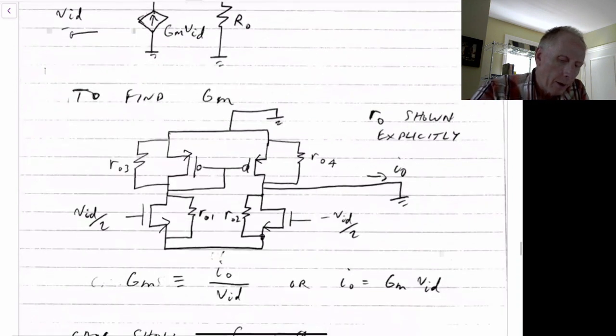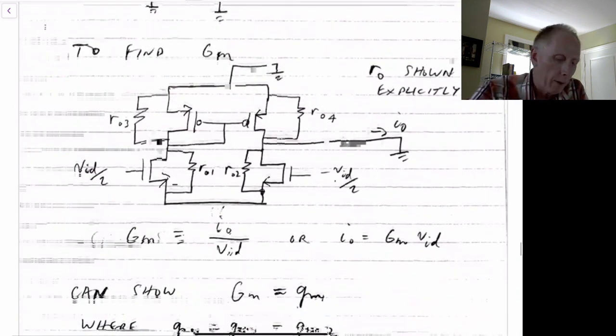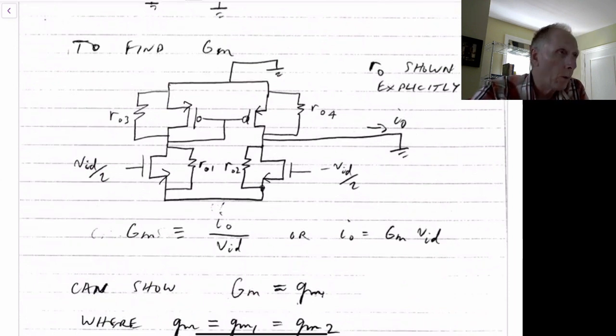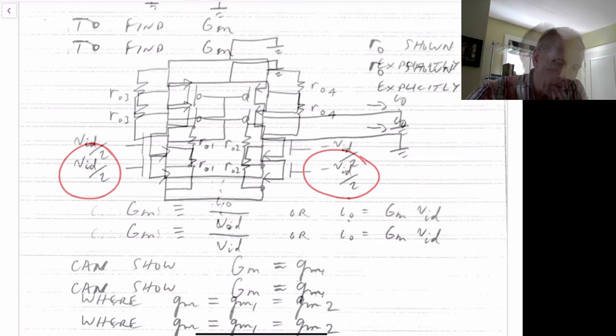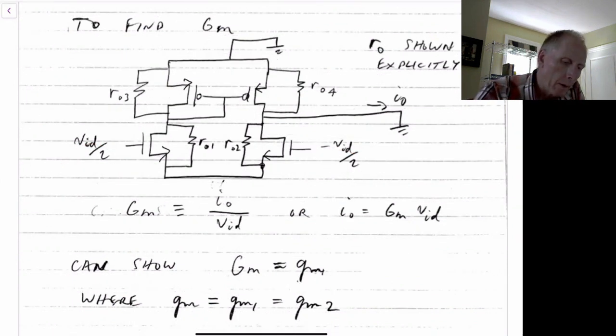To find GM first, we can draw the small signal model as shown here. Again, we'll have a differential input applied at VID over 2 here and minus VID over 2 on the right hand side. The top node here, which was tied to VDD, is now tied to ground.